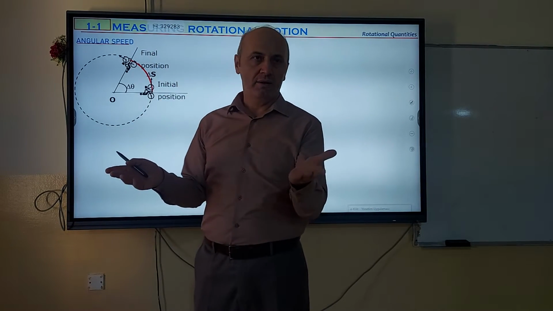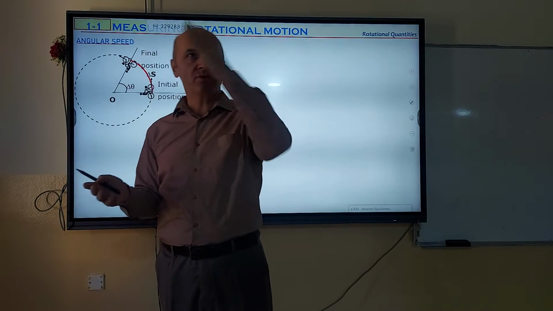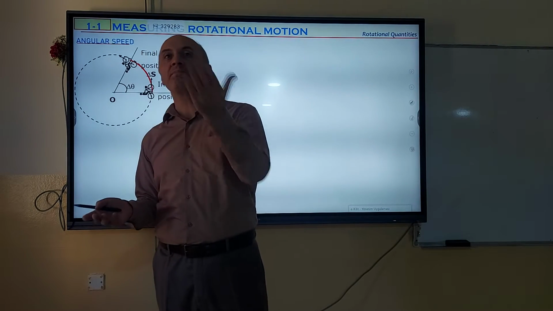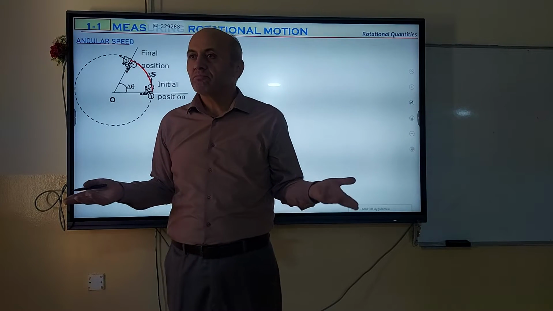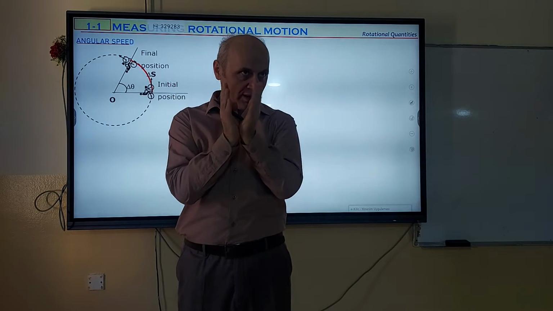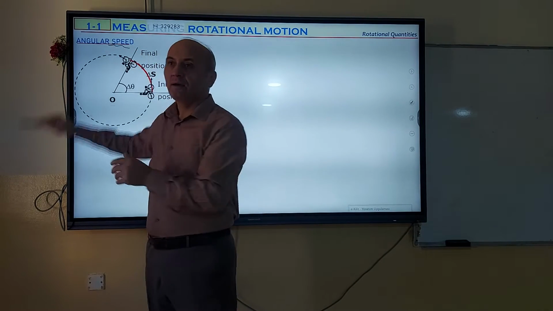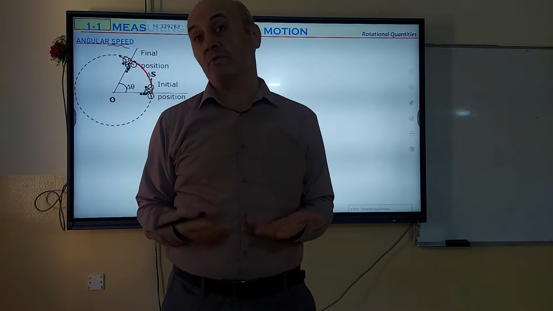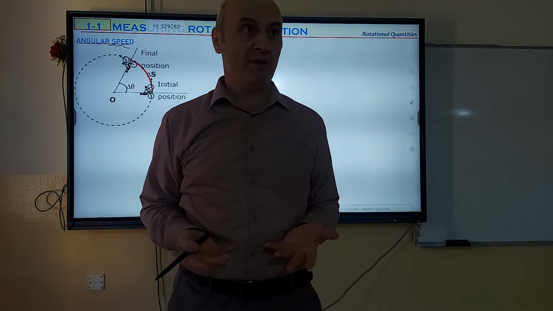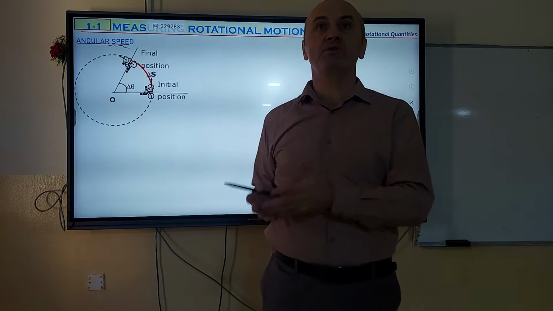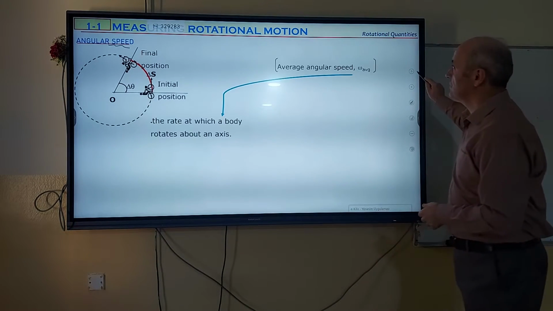How the object moves from one position to the other, quickly or slowly, doesn't matter regarding the measure of the angle. But in speed, how quickly the object moves from one position to another matters. That's why speed is how quickly an object moves from one position to another.